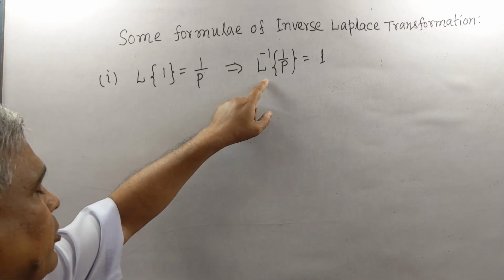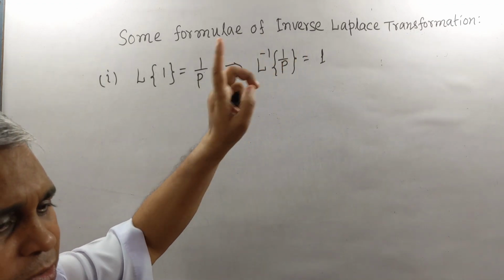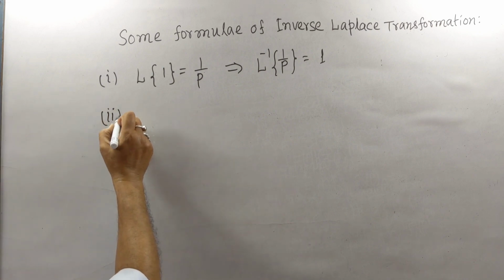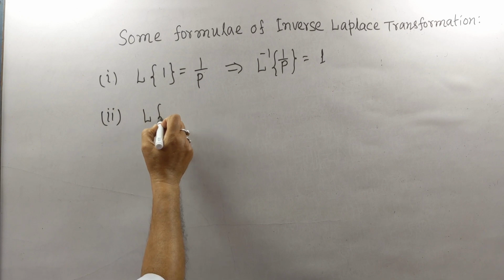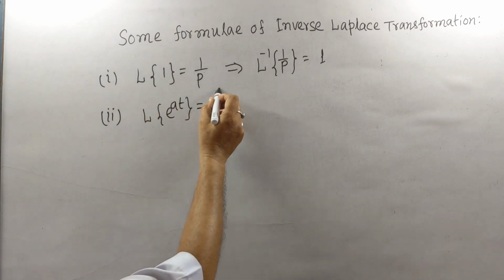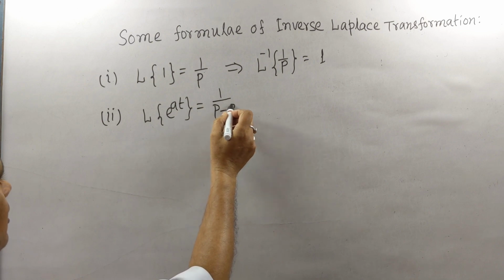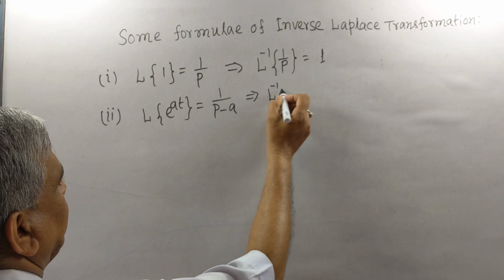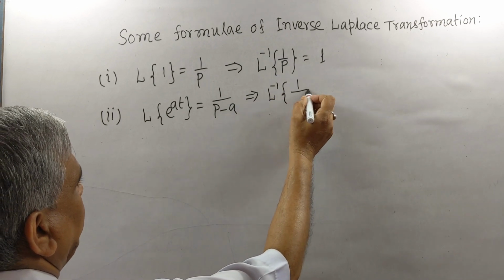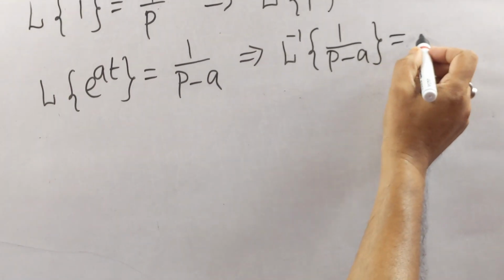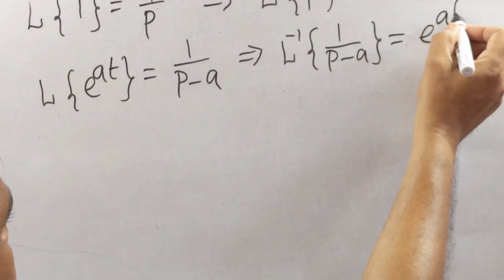This is the formula for L inverse 1 by p equal to 1. Number 2, we know that L{e to the power at} = 1 by (p minus a), which implies that L inverse 1 by (p minus a) = e to the power at.